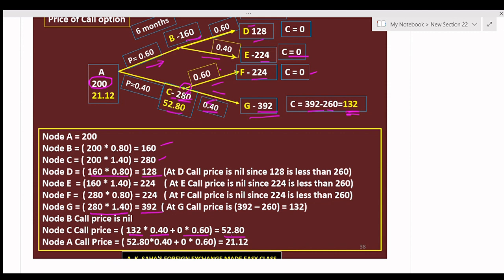Now at point A, the call price will be 52.80 multiplied with probability 0.4 plus 0 into 0.60 is equal to 21.12. Here I write: 52.80 multiplied with 0.40 plus 0 into 0.60 is equal to 21.12.